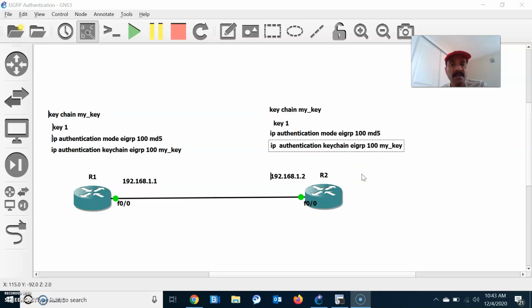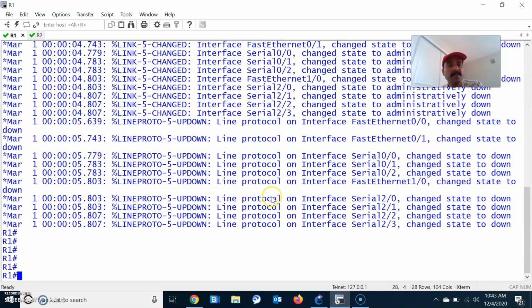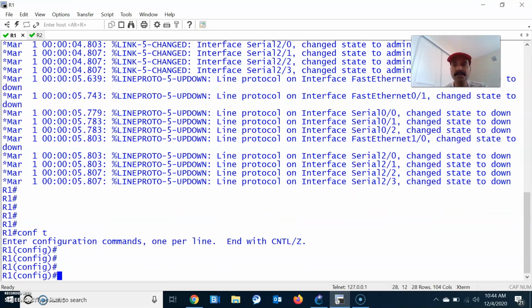So let us go and configure EIGRP. Let us define the interfaces first. Go to the configuration mode and let us define the interfaces, right?